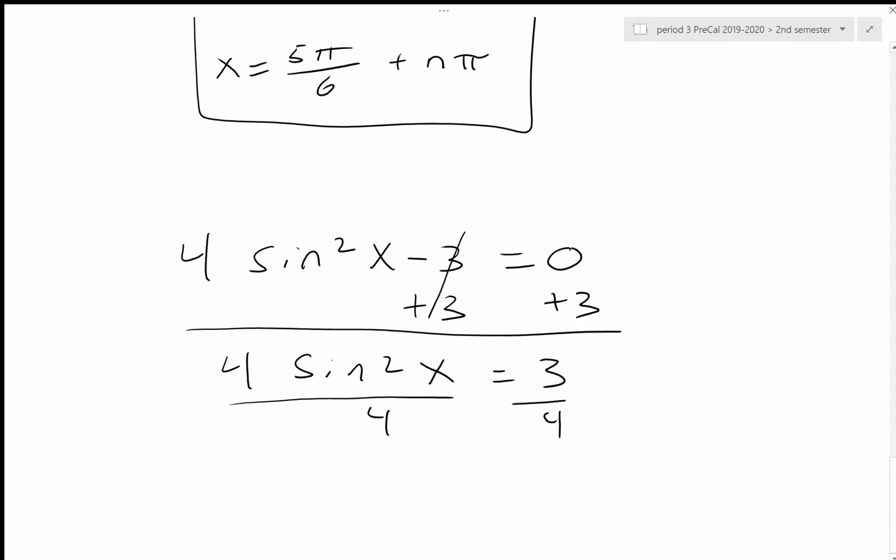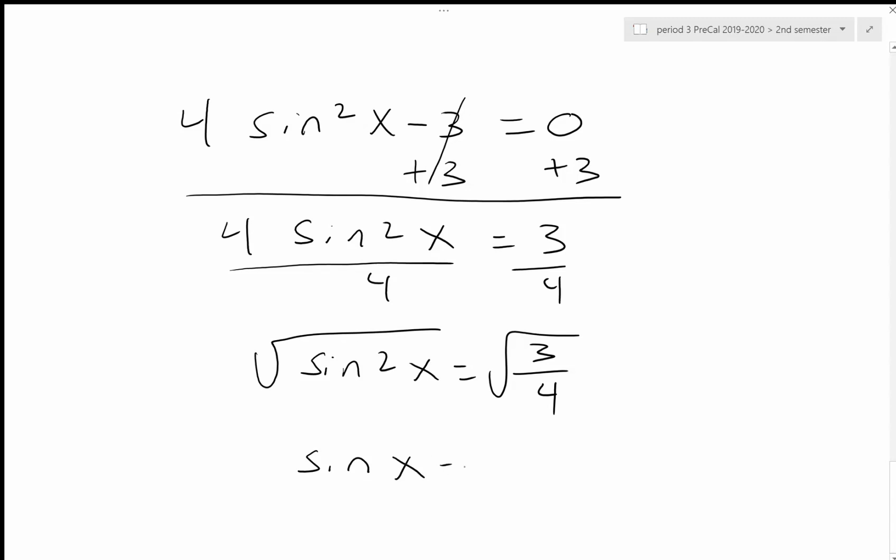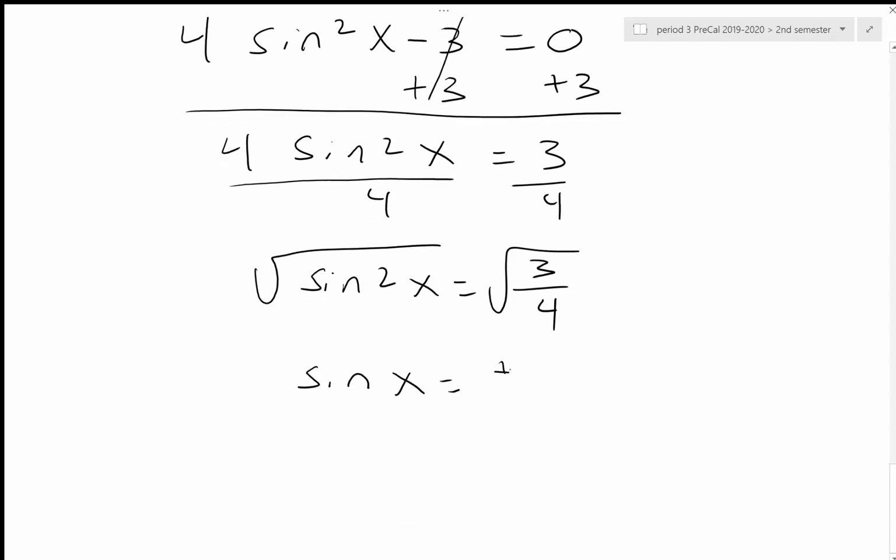Divide by 4. Sine squared x equals 3 over 4. Square root both sides. Sine of x equals plus or minus square root of 3 over square root of 4, which is 2.